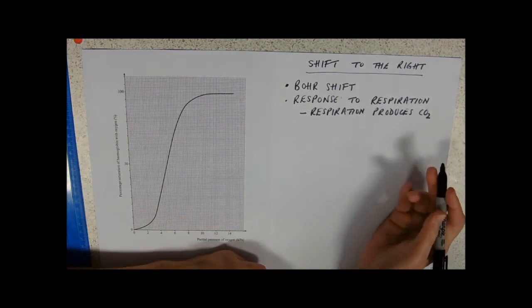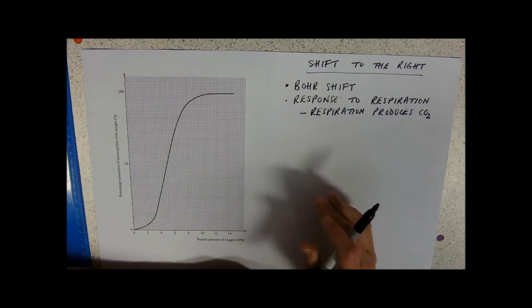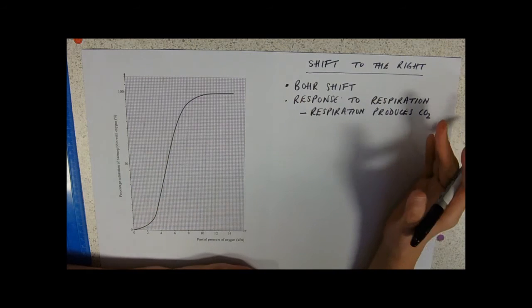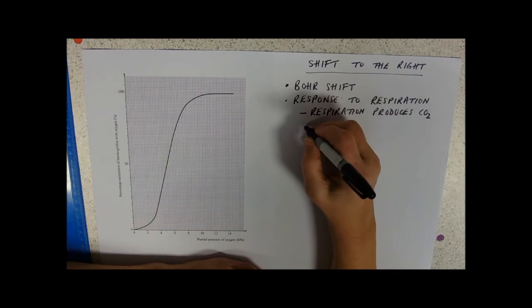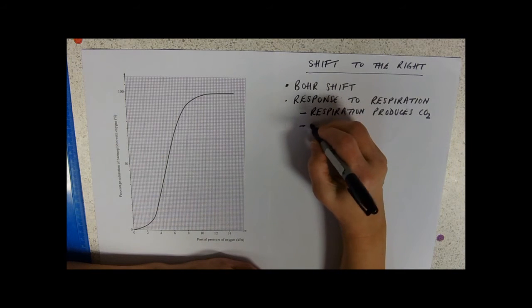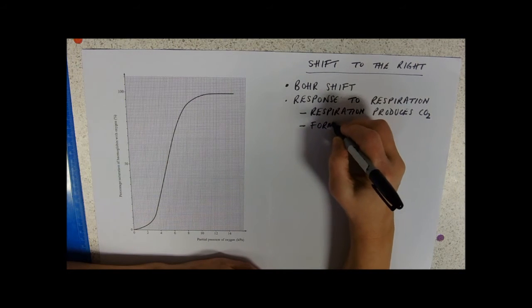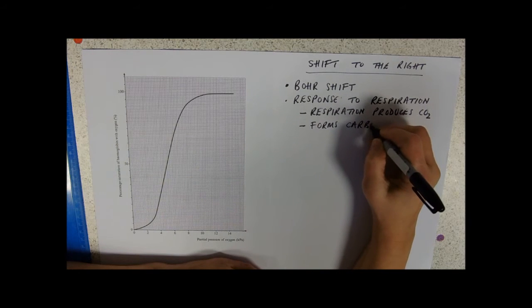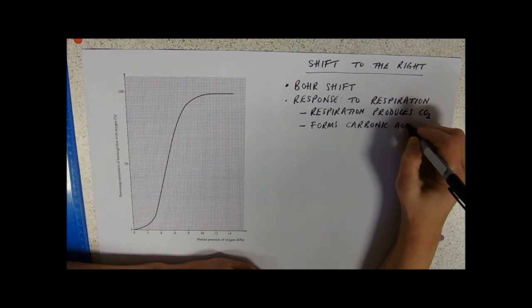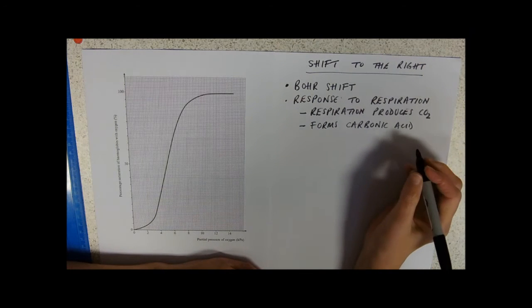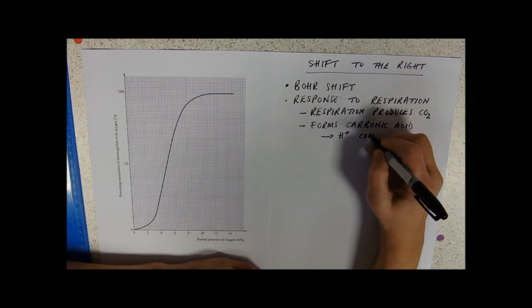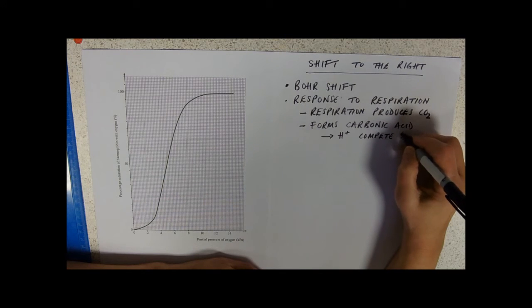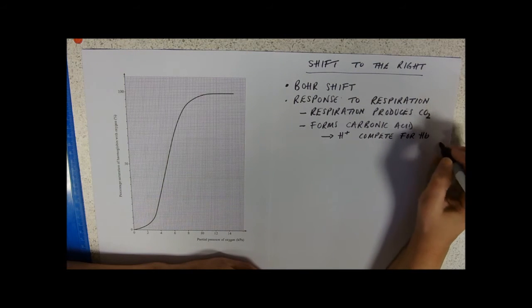carbon dioxide, and when we do the carriage of carbon dioxide, you will realise that carbon dioxide directly competes with oxygen for hemoglobin. It also forms carbonic acid, which releases hydrogen ions which compete for hemoglobin.